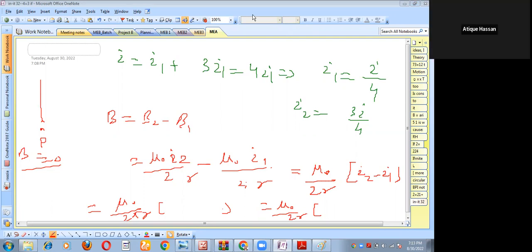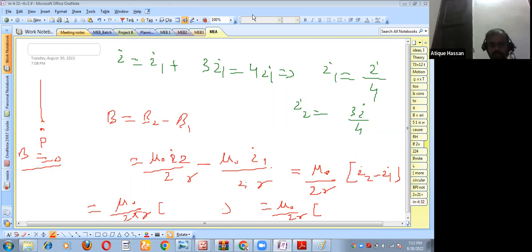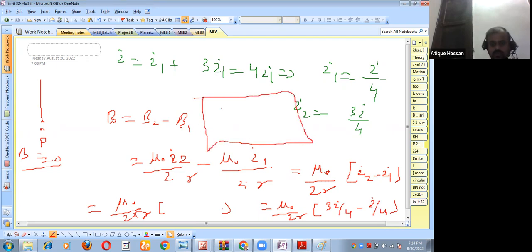I2 is 3I by 4, minus I1, which is I by 4. So it will be equal to mu naught I by 2R into 2I upon 4.